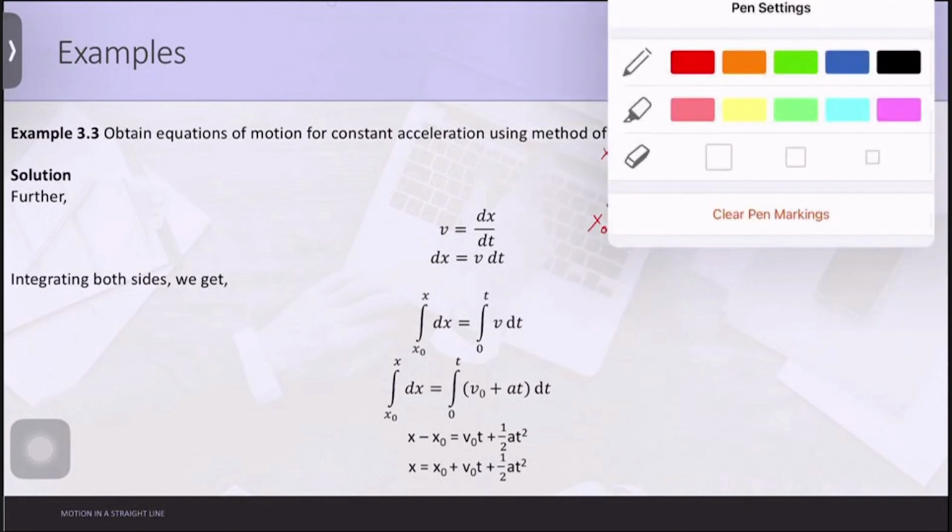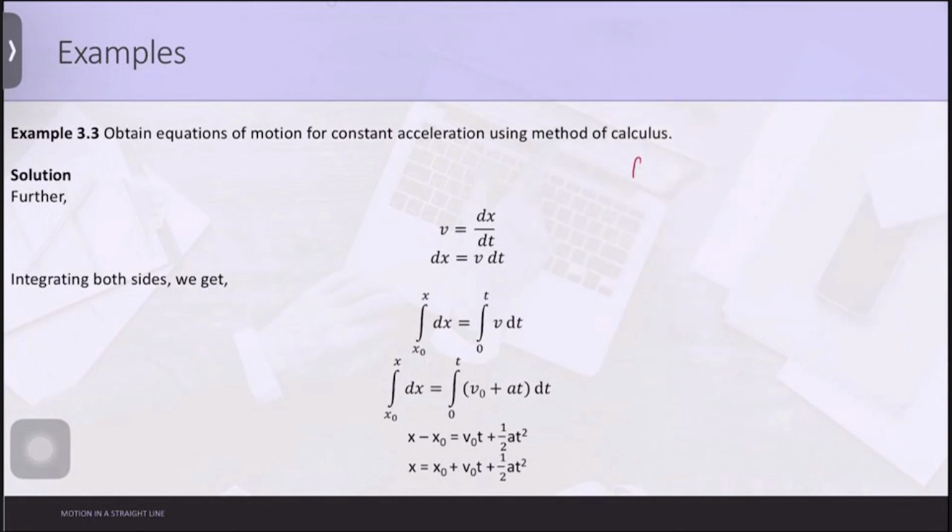On the right hand side, we will do the integration from 0 to t of (v0 plus at) dt. We will separate those terms. This will be equal to the integration from 0 to t of v0 dt plus the integration from 0 to t of at dt.